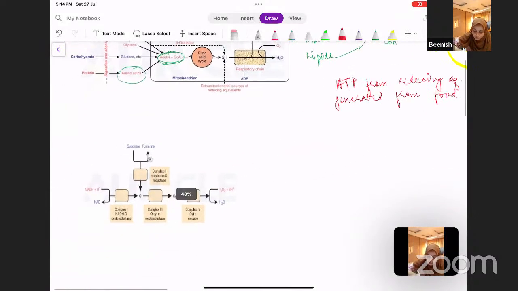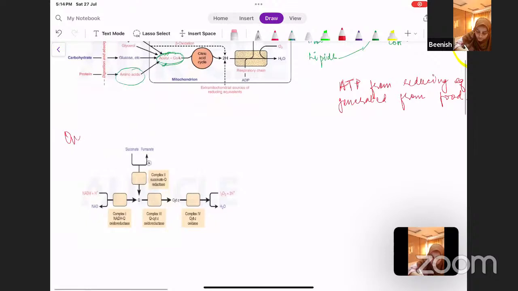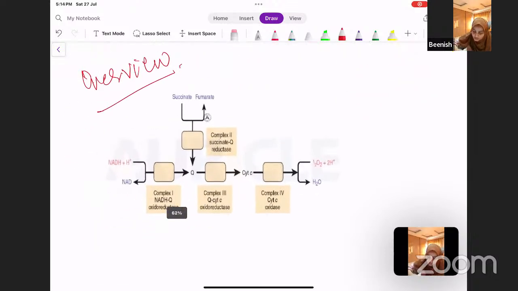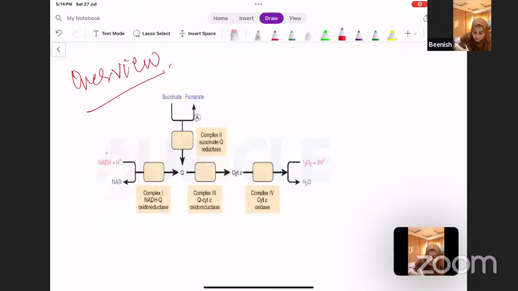Now let's have an overview of the electron transport chain before we begin. Okay. So what is happening? Your NADH is going to come and give its electron to complex 1. Okay. Your FADH2 is going to come and give its electron to complex 2. Both complex 1 and complex 2 are going to give their electron to coenzyme Q. Now this coenzyme Q will give its electron to complex 3.